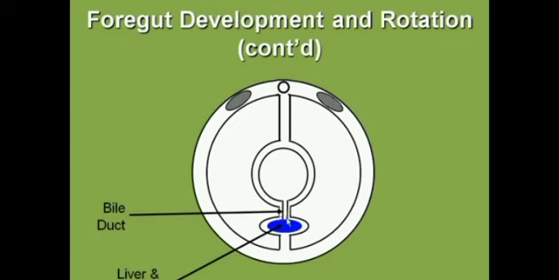So the common bile duct, the hepatic duct, the cystic duct will develop from the hepatic diverticulum as well. So now we can say that not only do the hepatocytes develop from endoderm, but the epithelium of the gallbladder, the epithelium of the common bile duct, the epithelium of the entire biliary duct system is also developed from endoderm.